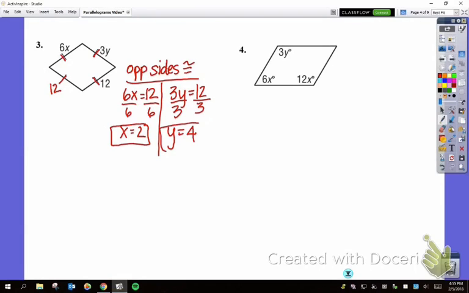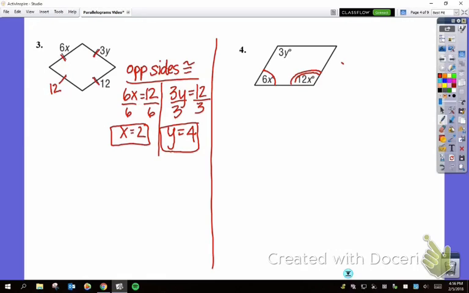Okay? Now, back on number 4, we've got back to angles. Now our angles here, we do have opposite angles. Our opposite angles would be 3y and 12x, but I cannot put x and y in the same problem. So what we need to look at is how can I solve for x? If I look here at this angle of x and this angle of x, those are consecutive angles.